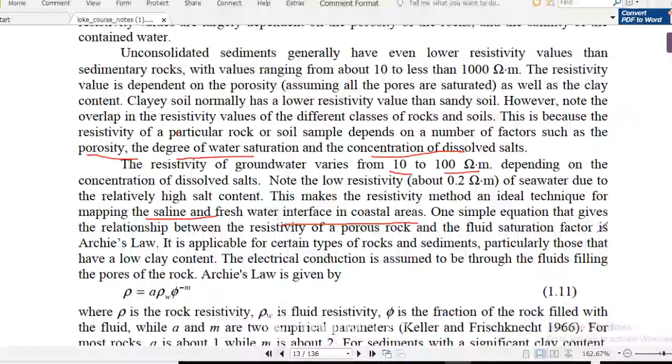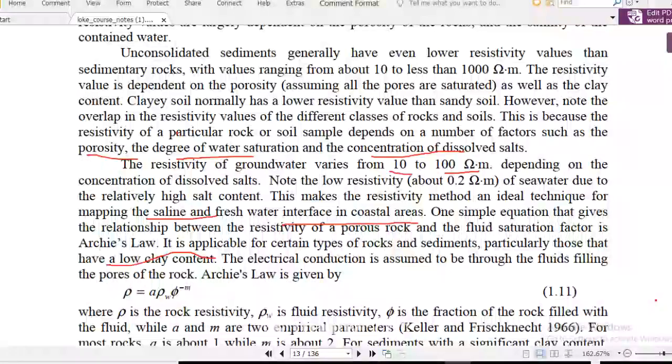One simple equation that gives the relation between the resistivity of porous rock and fluid saturation factor is Archie's law. It is applicable for certain types of rock and sediments, particularly those that have low clay content. The electrical conduction is assumed to be through the fluid filling pores of the rock.